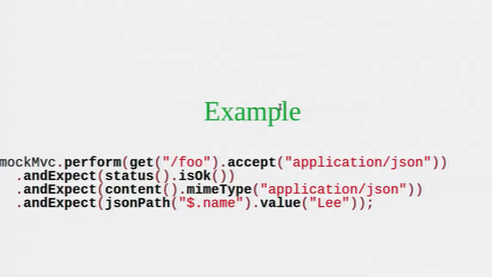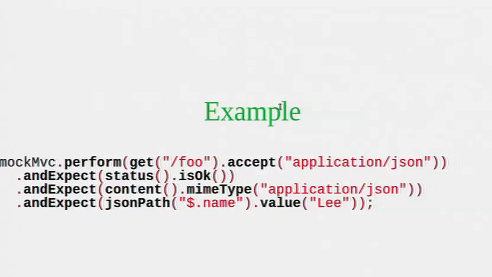Expect the content to be a specific content type, and then if the response has some JSON in the body, you can use things like JSON path or XPath to verify specific things. So there are lots of options on that side to verify what's in the response.